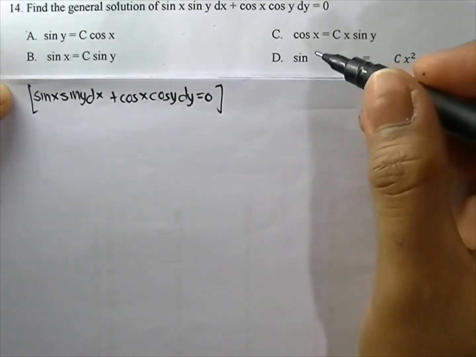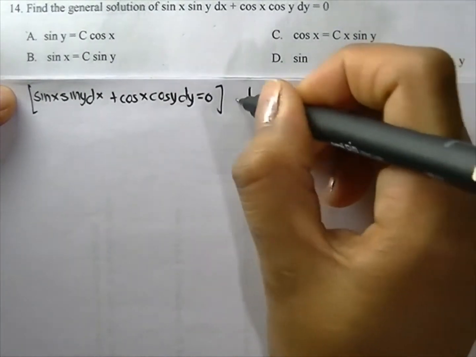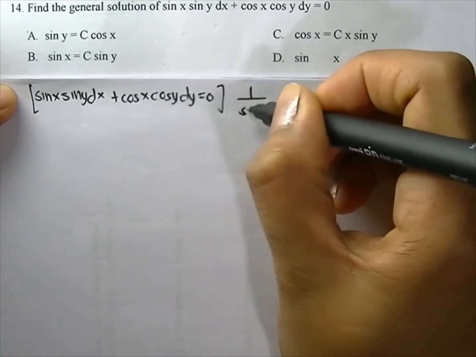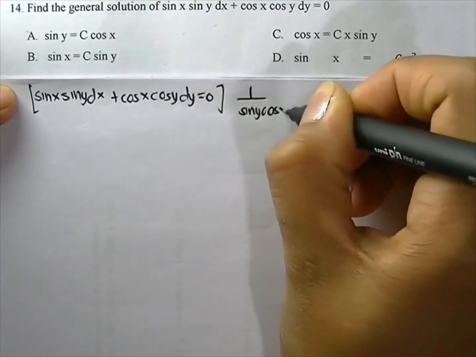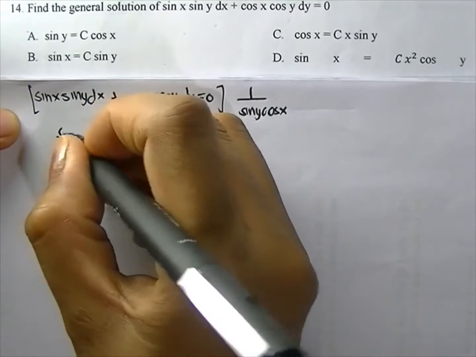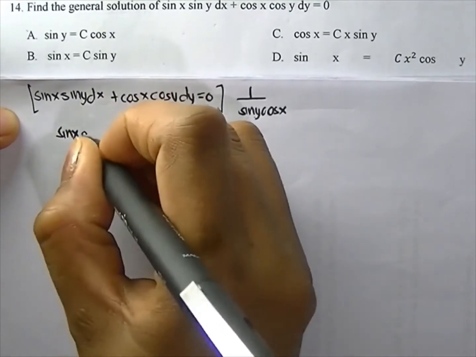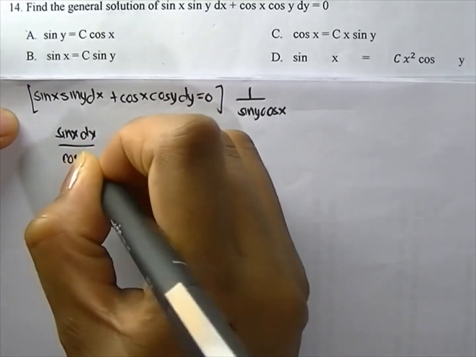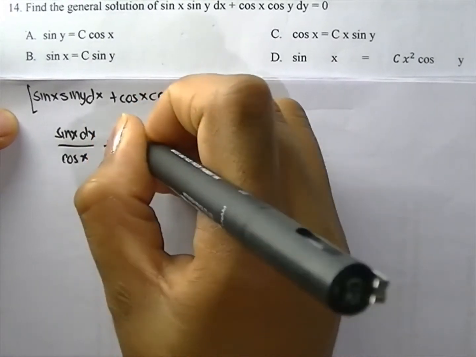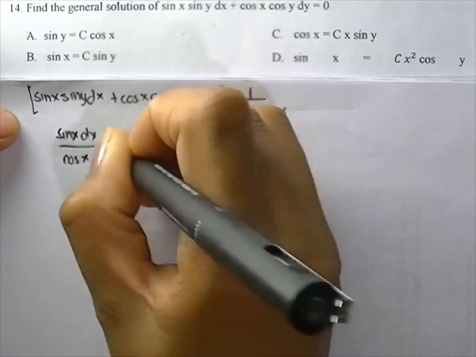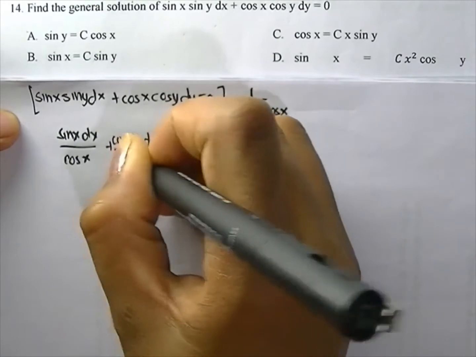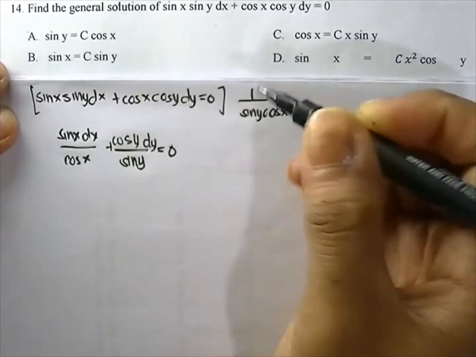And so, multiply both sides by 1 over sin y cosine x. So we have sin x dx over cosine x plus cosine y dy over sin y equals 0.